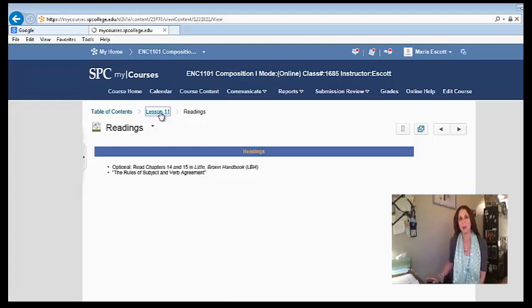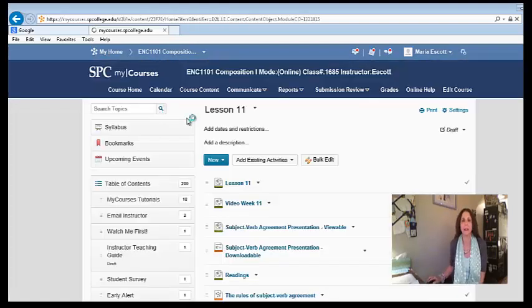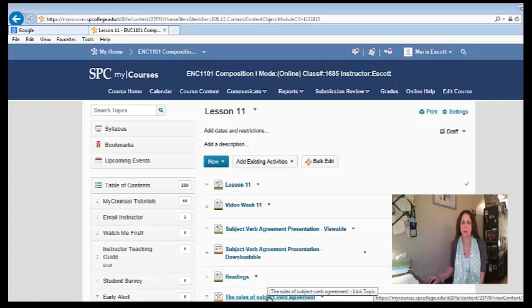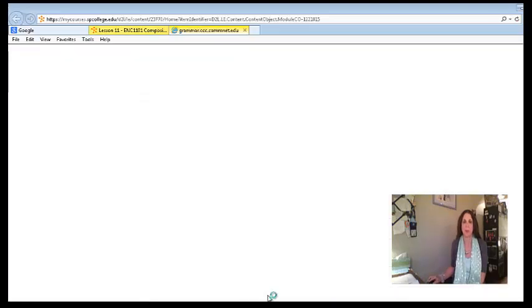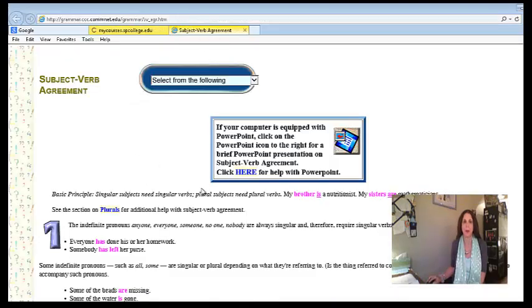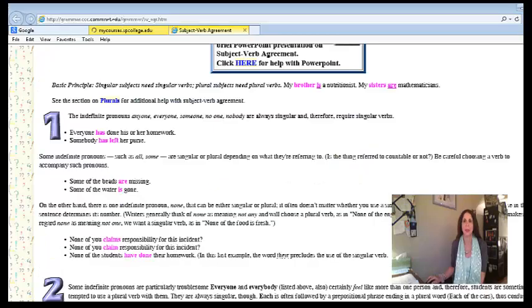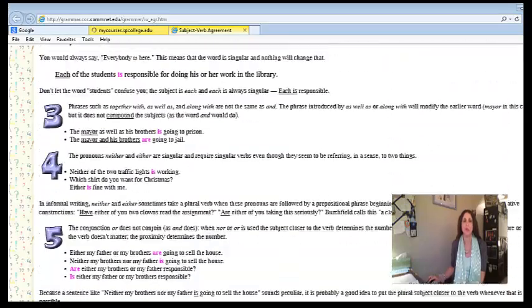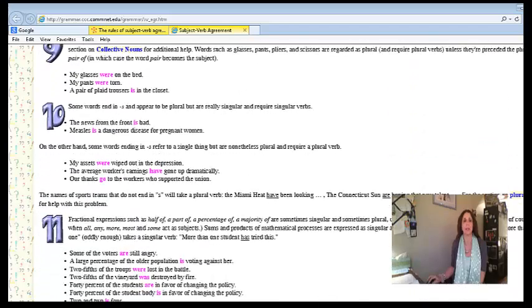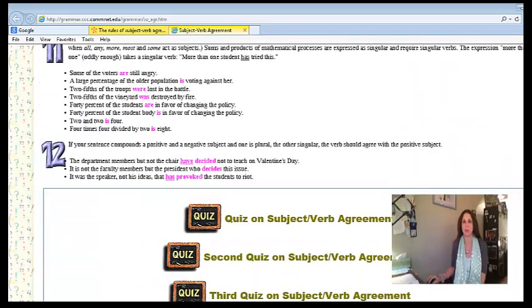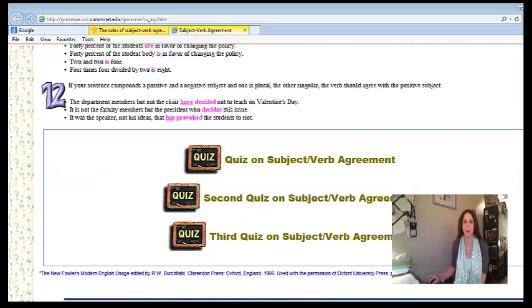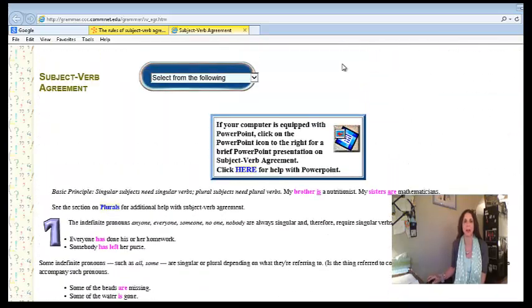So now, if you go into My Courses and you scroll down a little bit, you'll see the rules of subject-verb agreement, which will come up in another window, and you need to look at all of this information. Make sure you really, really understand this. It's great. It's just 12 points, and then you can do these quizzes to help you. They're not graded, but it's good practice. I recommend that.